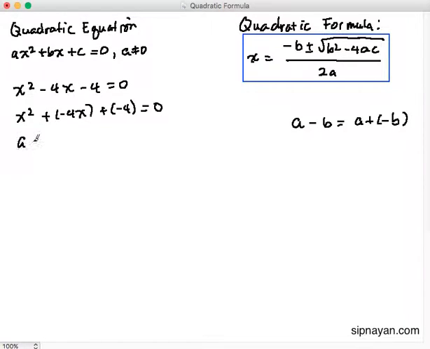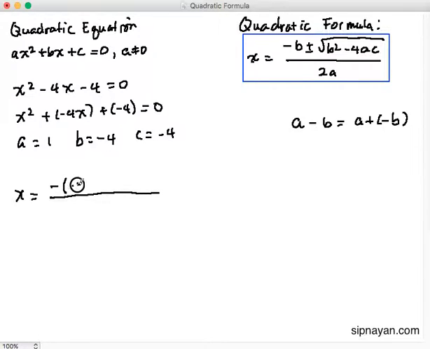So, here we have a equals 1, b equals negative 4 and c equals negative 4. Alam na natin yung values ng a, b, and c. So, pwede na tayo mag-substitute dito sa formula na to. So, we have x equals negative b. Pero ang b natin ay negative 4.